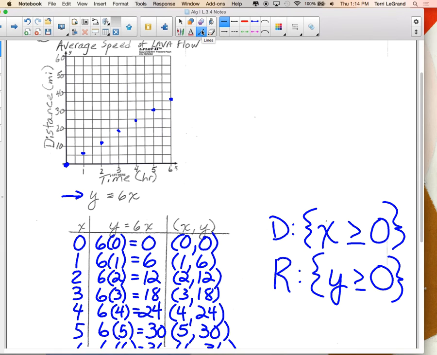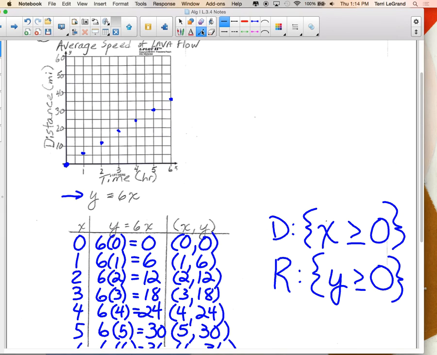And remember, your graph should actually represent your domain and range. So what will our graph actually be? Will it be a straight line? It's going to be straight, all right, but it's not going to be a line.